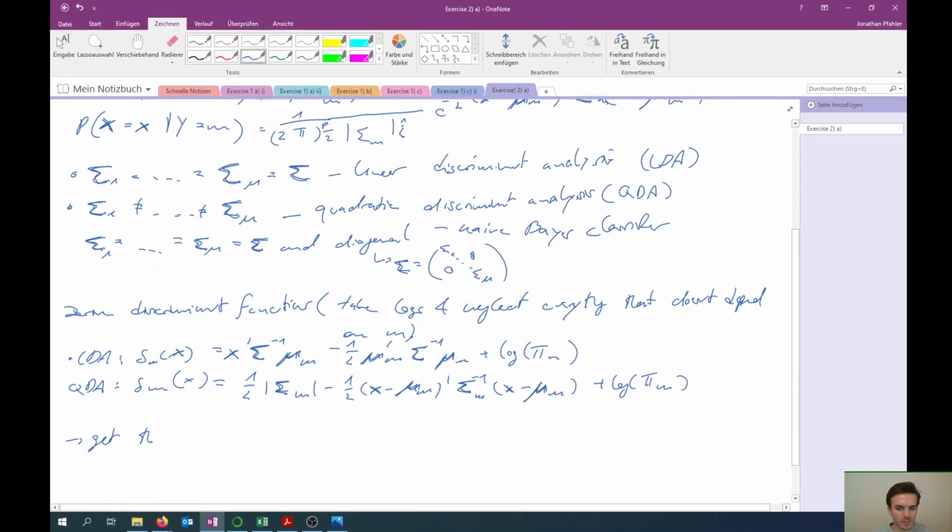So get the largest value for the discriminant function.